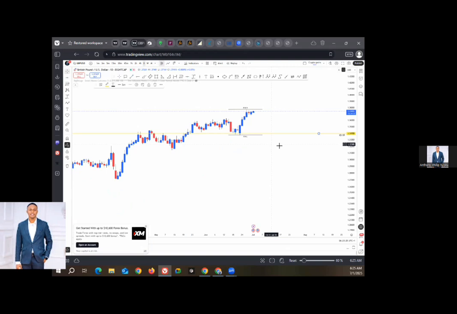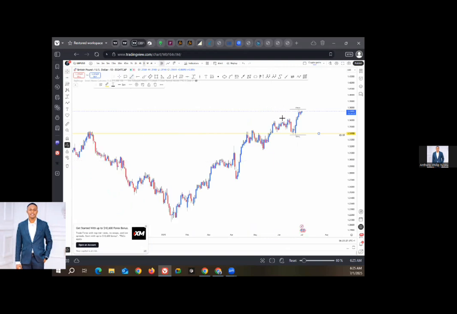Since the market took out this high on the daily time frame, let me delete that and add a text instead. This is a higher high over here, and this is a higher low over here in the daily time frame.